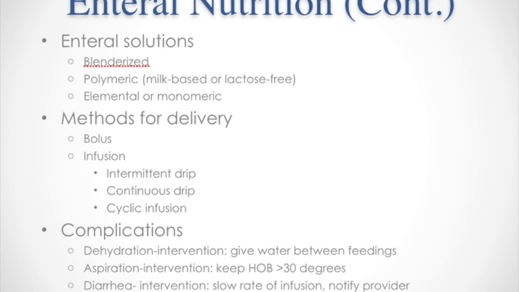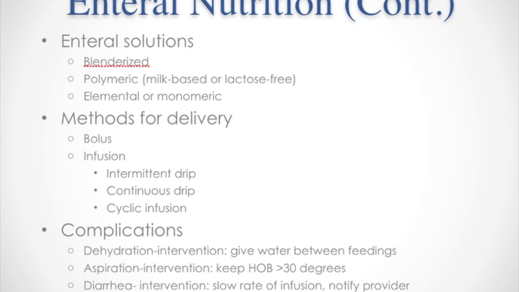For example, with the bolus method, 250 to 400 milliliters of enteral solution is rapidly administered through a syringe or a funnel into the tubing 4 to 6 times per day. This bolus method takes about 10 minutes for each feeding, and it may not be tolerated well by patients because a massive volume of solution is given in a relatively short period of time.